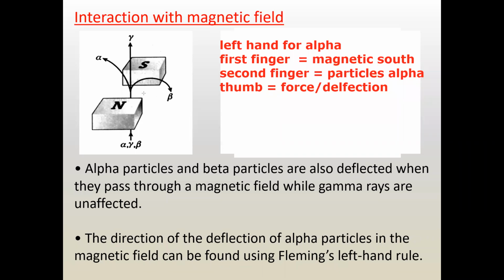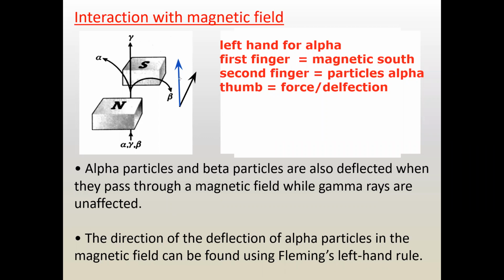So your index finger should point towards the south, in this manner, the arrow which I am drawing. That is the direction in which your index finger should point. And the second finger represents the direction in which alpha is coming. So alpha is coming up, and the second finger should point in this manner. So the first finger is towards the screen and the second is upward.